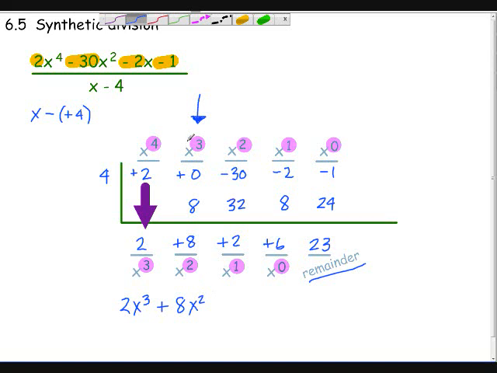See how important it was for me to have this column here? I wouldn't have gotten the right answer if I'd neglected it. Plus a remainder of 23, which I can write as a fraction, 23 over my divisor.